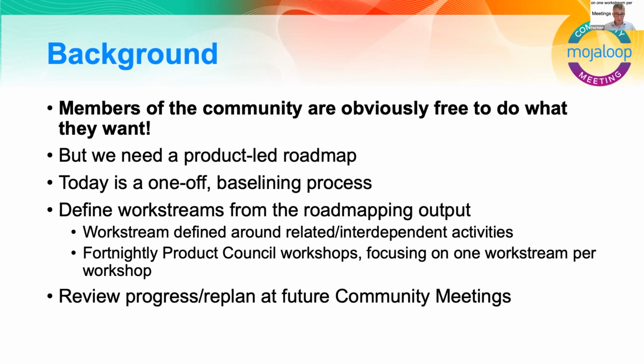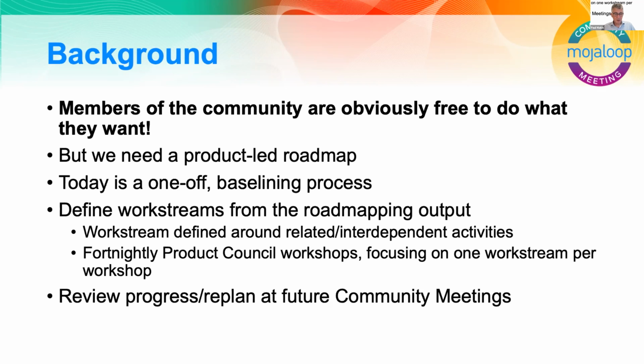So we're going to try to define work streams from the road mapping outputs, which will allow us to dive down into more detail. And those work streams will be defined not from individual pieces on the roadmap, but around related and interdependent activities to ensure that we have coherence around this approach.